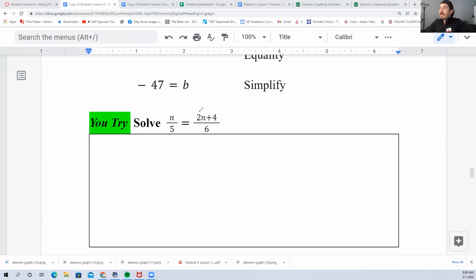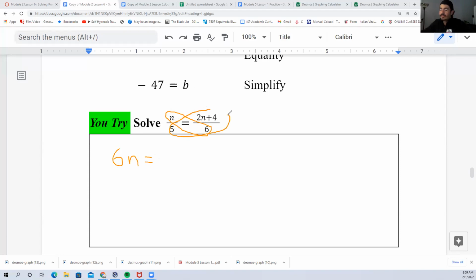Okay, we're back. So we're going to use our cross product rule here, and we're going to go 6 times n. So on our left side or our right side, it doesn't actually matter. We can go 6n. And then on our right side, I'm just going to keep the same color.